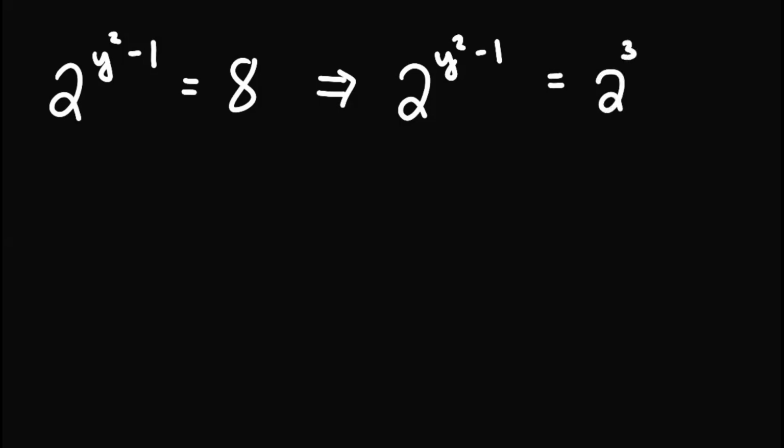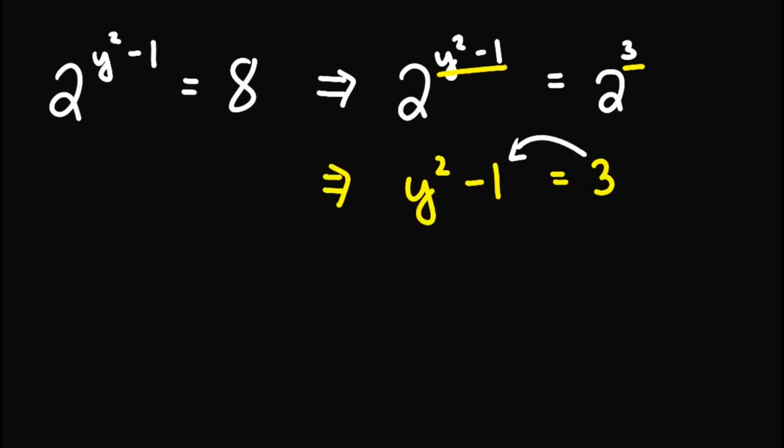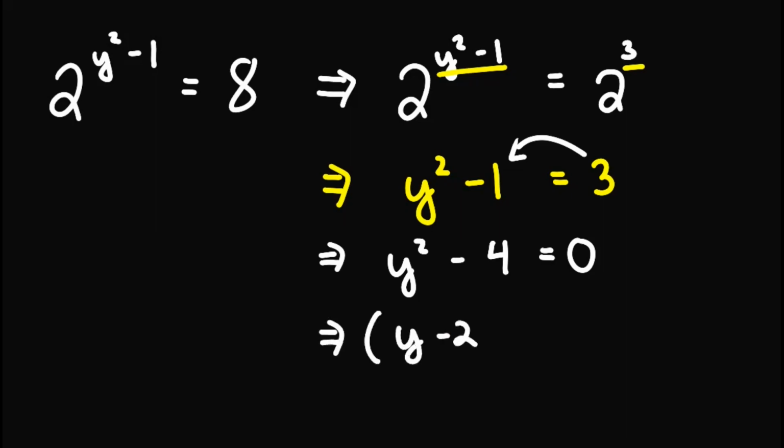And now we have the same base, so we can imply that the exponents must be equal. So we have y squared minus 1 equals 3. And what do we have here? We have a quadratic equation. So we can move 3 to the left side to obtain y squared minus 4 equals 0. And by factoring the difference of two squares, this is simply y minus 2 times y plus 2 equals 0.